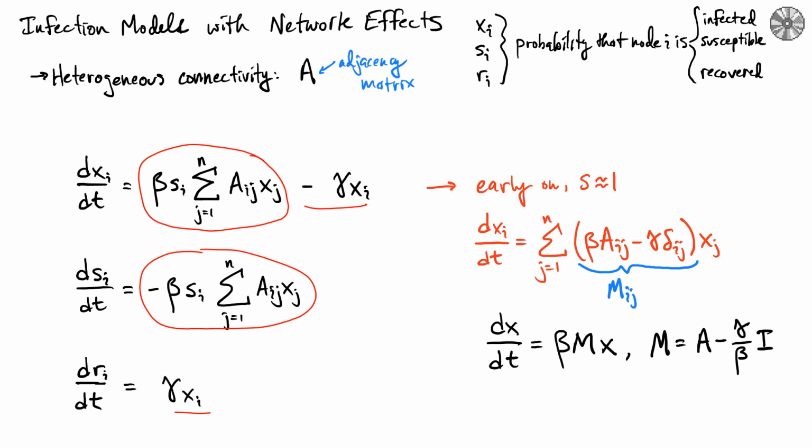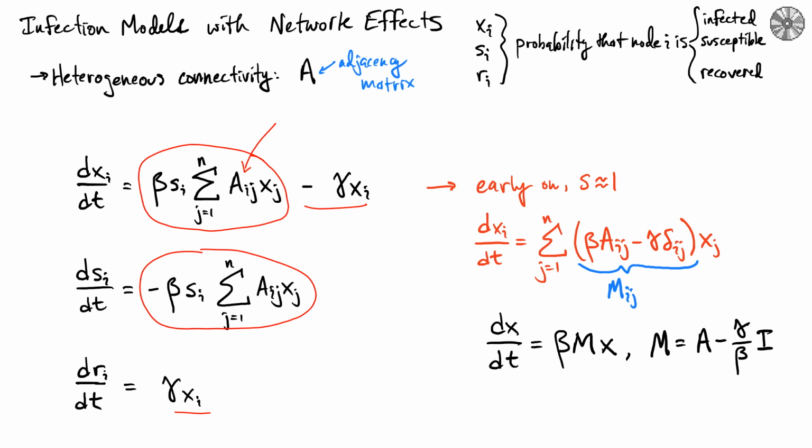We'd like to see a little bit more now that we've described the networked version of this. For the most part, the networked problem really needs to be simulated over and over again to see what's going on, because it's very difficult to capture the heterogeneous connectivity in the adjacency matrix in an analytic way. But there are a few things we can do. One of them is to look at this epidemic threshold.